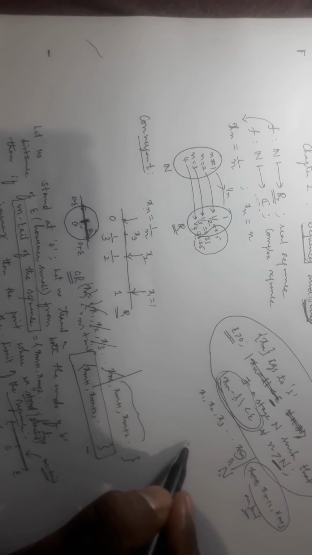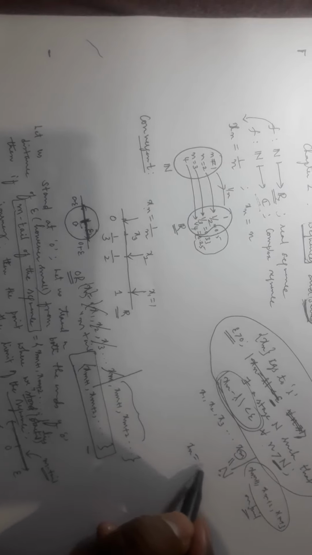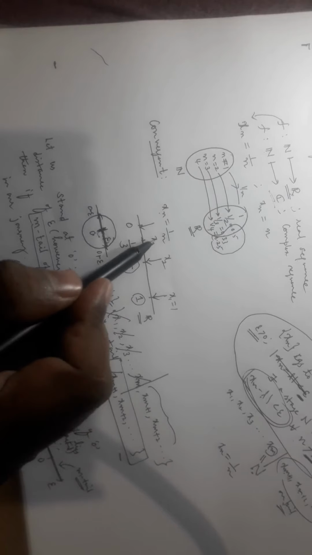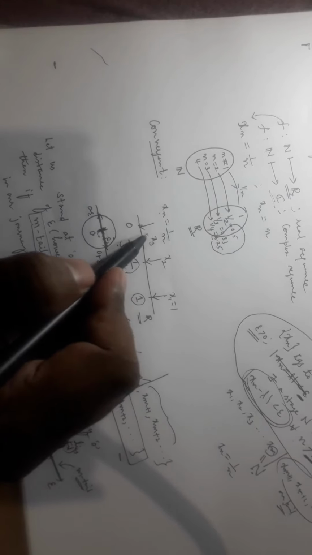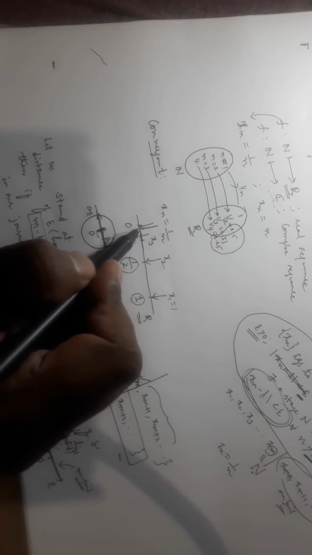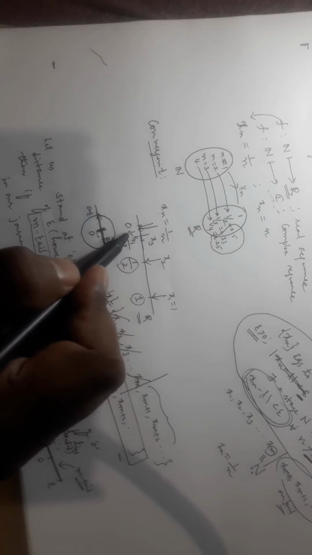You can look at this example. xn equals 1 by n. What happens here? See, first stage is this, second stage is this, third stage is this, 1 by 4 is somewhere here. Likewise, once you go, let me say after some 56 stages, you are very near to 0.